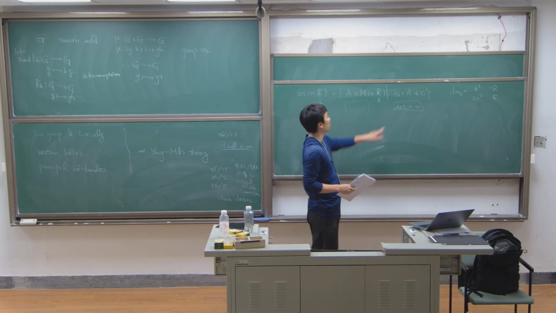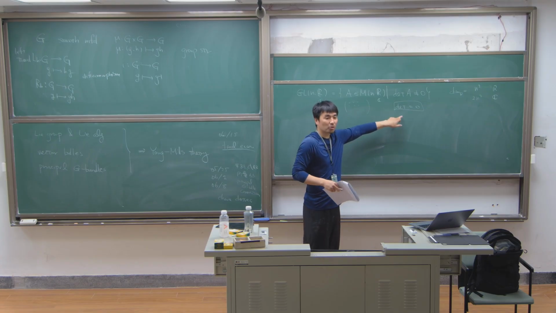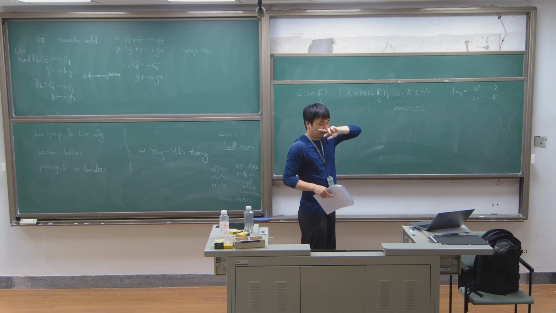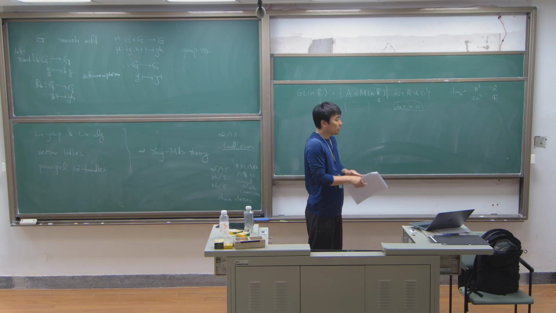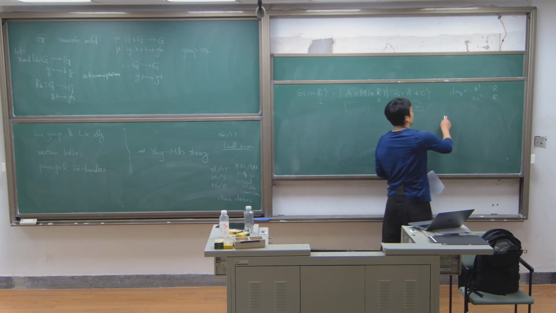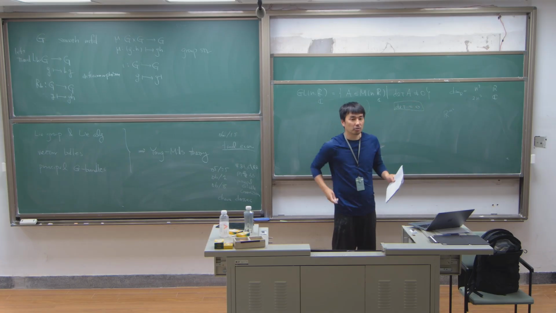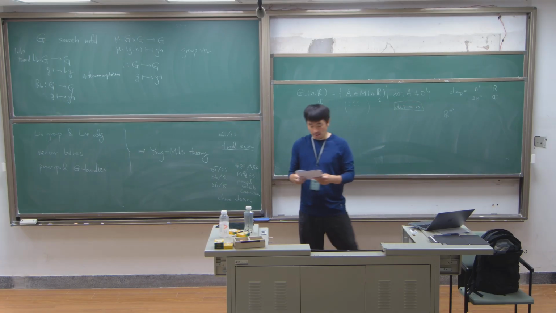So in the case of R, it's codimension 1, and in the case of C, it's codimension 2. Each entry is just R, so R to the n squared, and there is a codimension-1 locus you need to get rid of. That's the manifold structure.